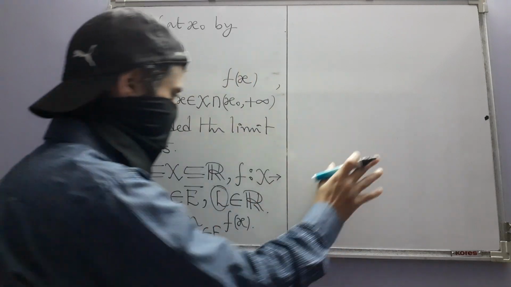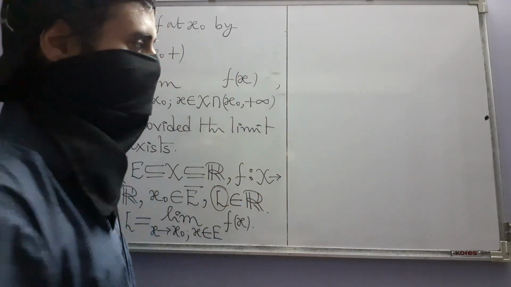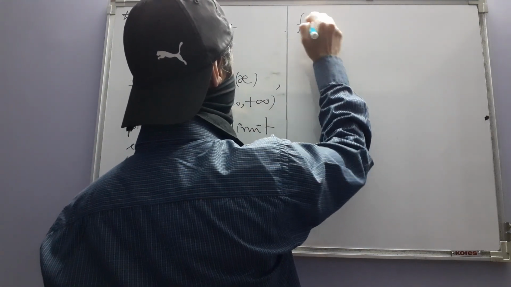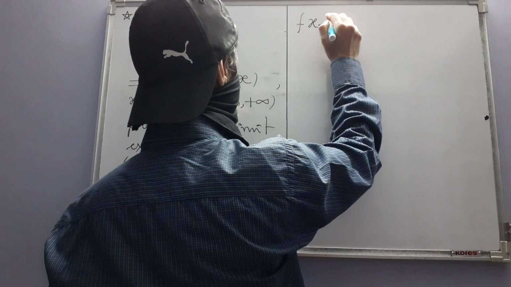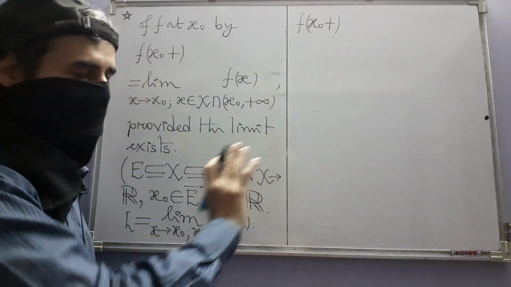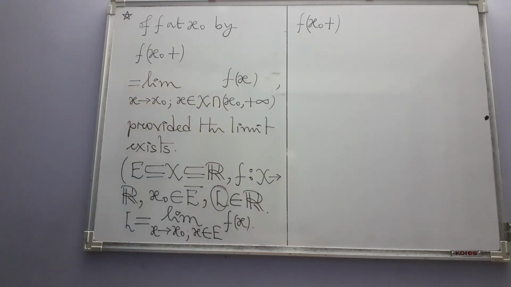Say you have the whole setup, that is there is f, there is X and all those things, and suppose the right limit exists at x naught. So this thing exists and we already have seen what this is. Okay, so the right limit, that means this limit exists.